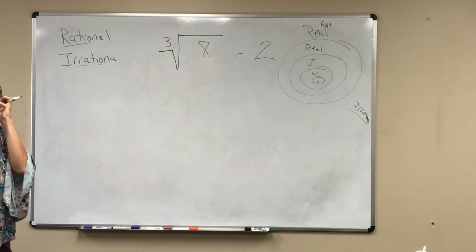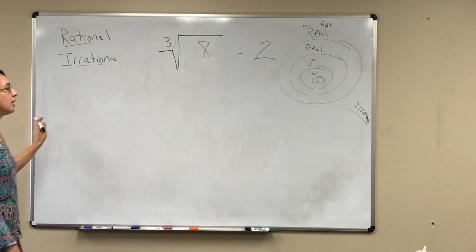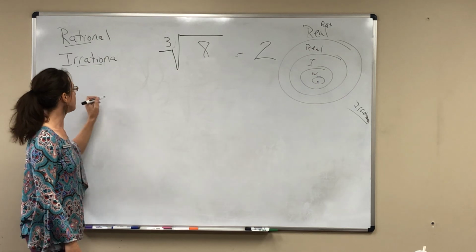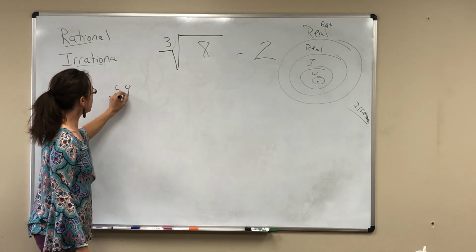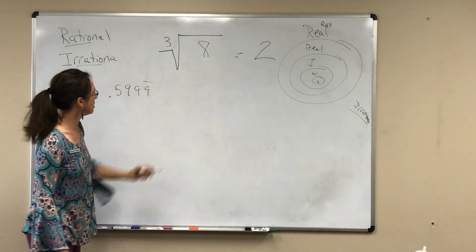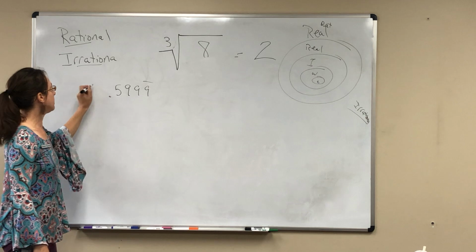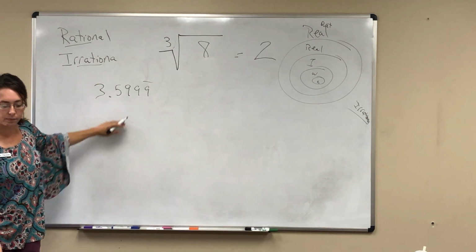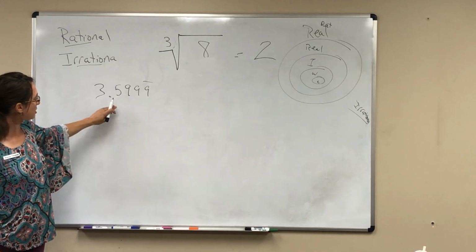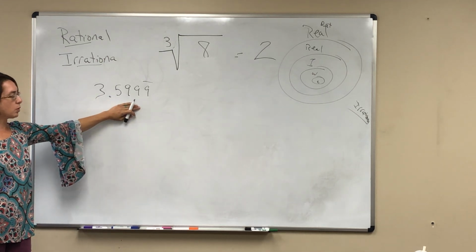Who can think of the most famous irrational number? Pi. Excellent. It goes on and on and on. It never terminates. What if I have 0.599 and it continues to go on? These can often be, or 3.59, a little tricky sometimes because you're like, wait, it started with these numbers and then now it's repeating.